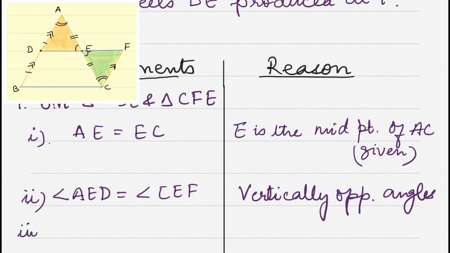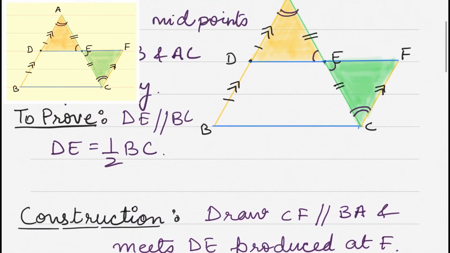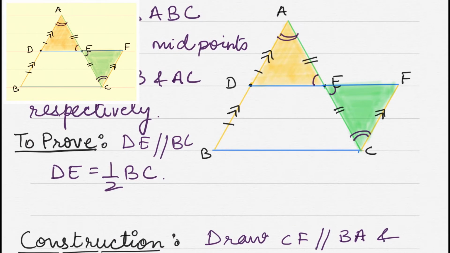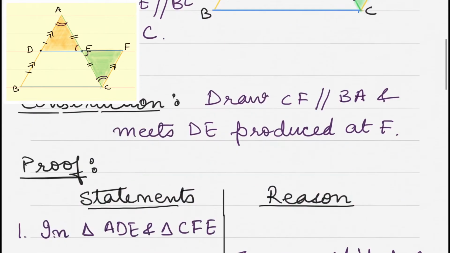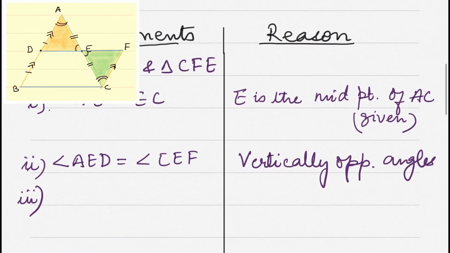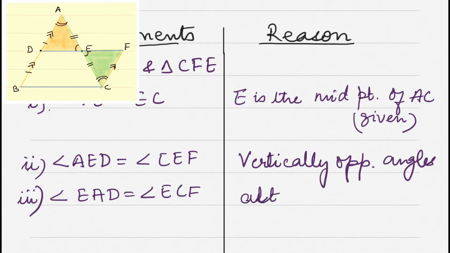Okay, third reason, because I have already drawn this CF parallel to BA, so even DA will be parallel to CF in this case. So I would say angle EAD is equal to angle ECF because they form alternate angles, right? Okay, so I have got my 3 points for the congruency.